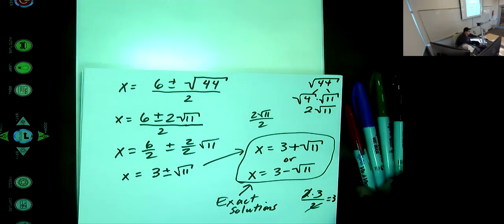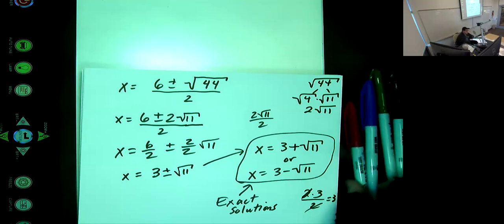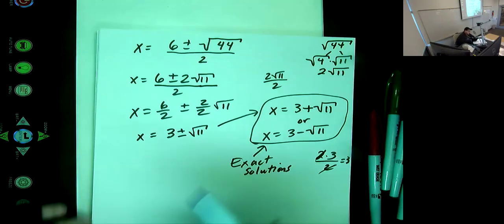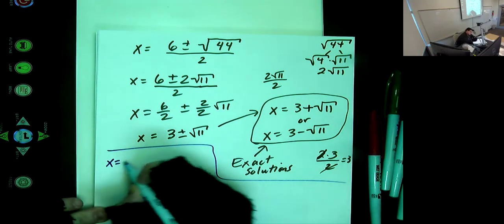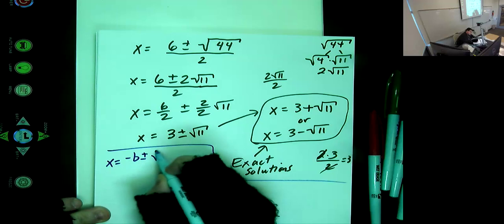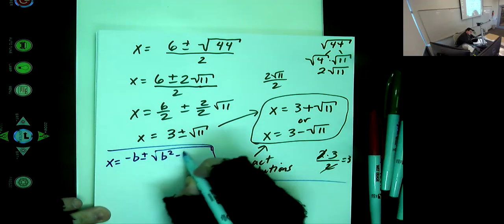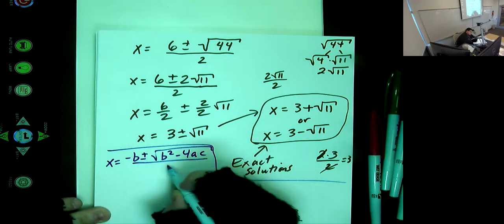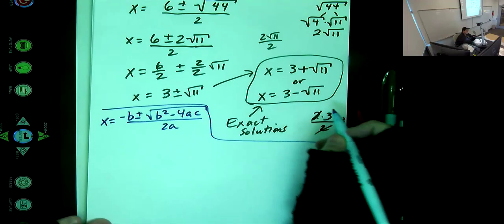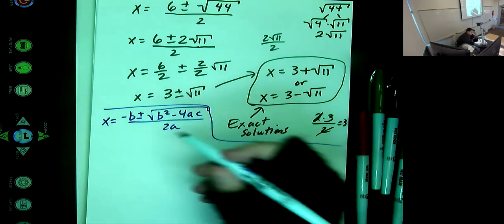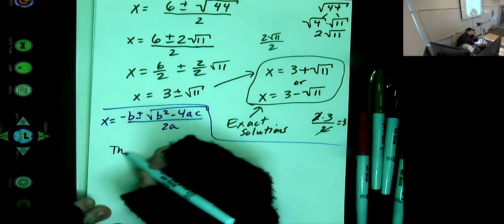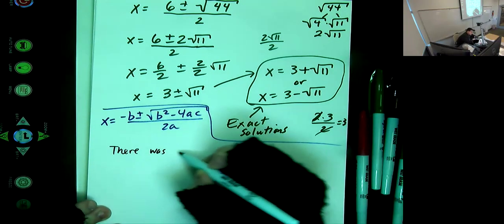So, the story. I'm gonna write down the equation real quick so that you can see where I'm going with this, and I'm gonna do the story again in the main class. There was a negative boy.